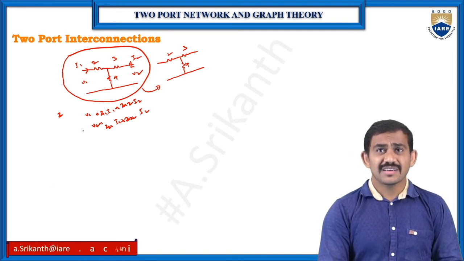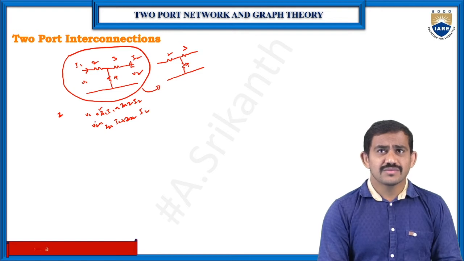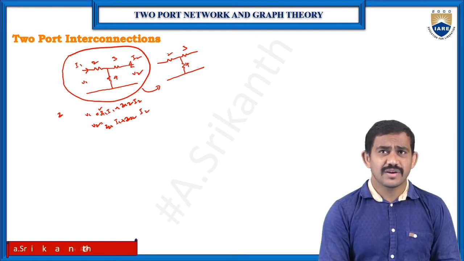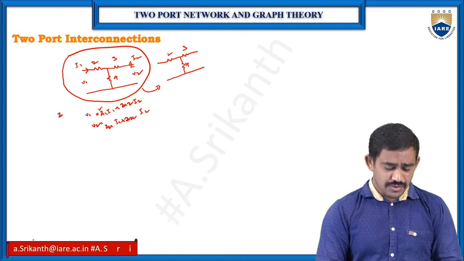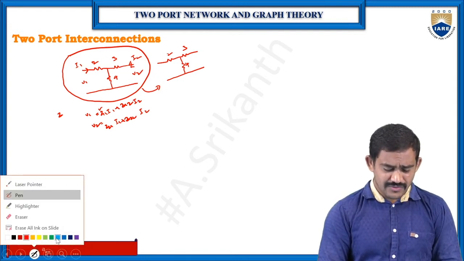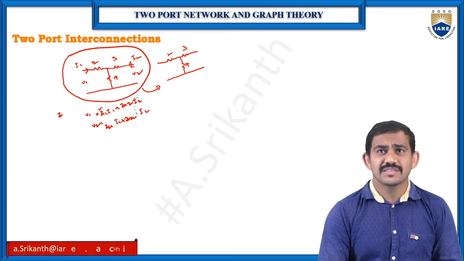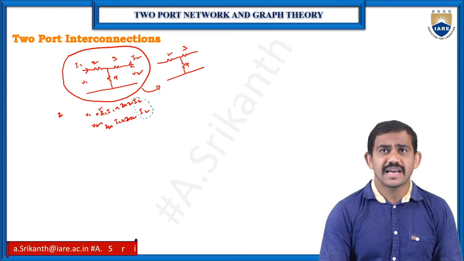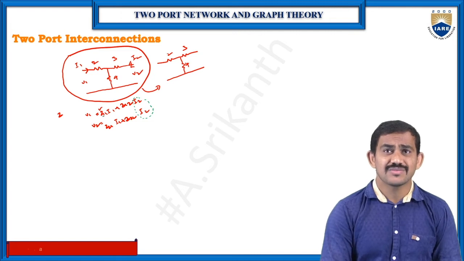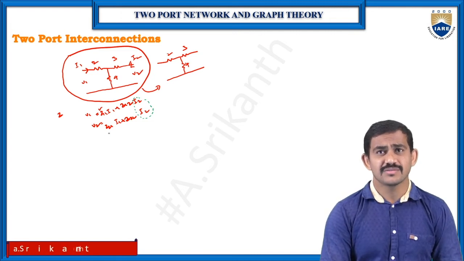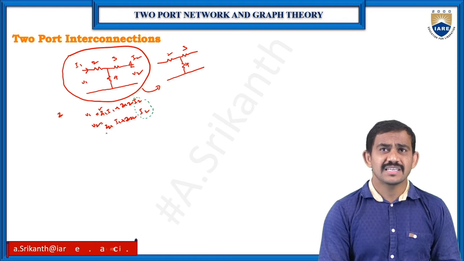Now I want the Z11 value. Z11 requires I2 to be 0. When I2 is 0, I can find Z11 and Z21 values.